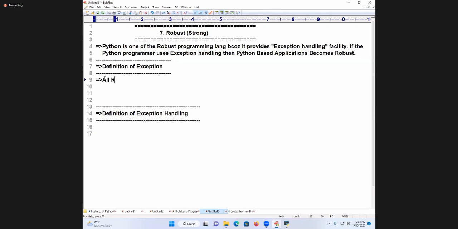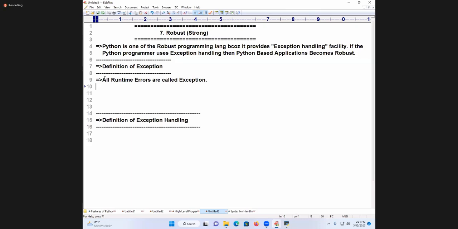All runtime errors are called exceptions. Actually, errors are of 3 types: compile time errors, logical errors, and runtime errors. But our source will say compile time errors and runtime errors. But actually, logical errors are also there. Logical errors will come when you are not writing the logic properly.